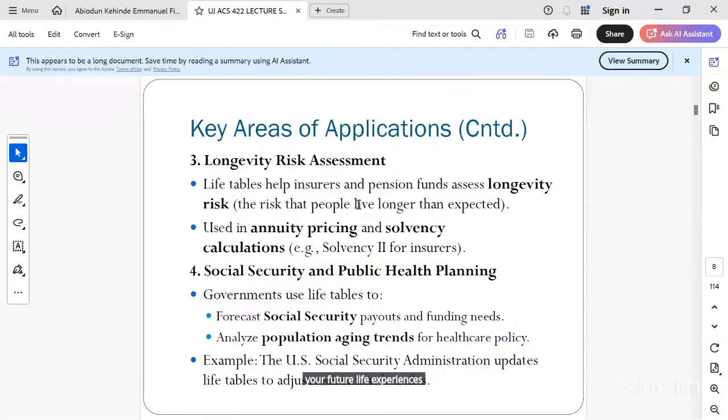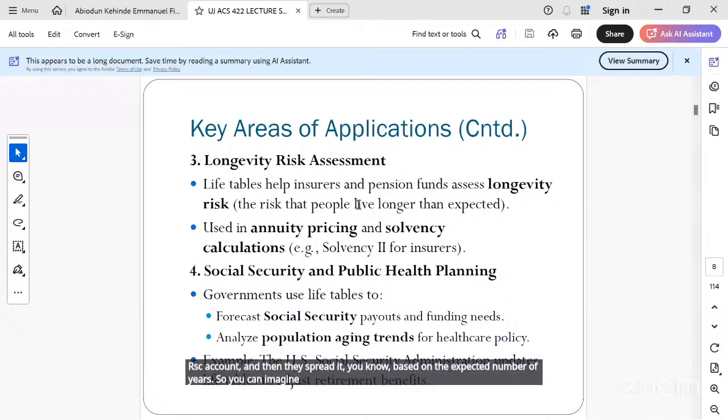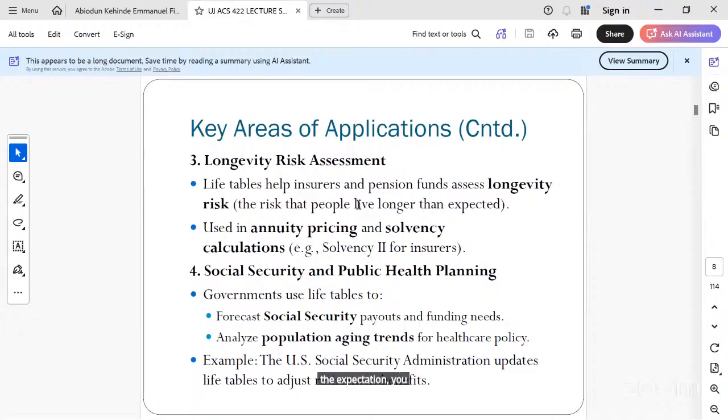So it is expected that you live up to a particular age, and based on that, they will program your withdrawals. The sum of money that you have in your RSA account, they spread it based on that expected number of years. So you can imagine if you now live beyond the expectation, that's a big burden.